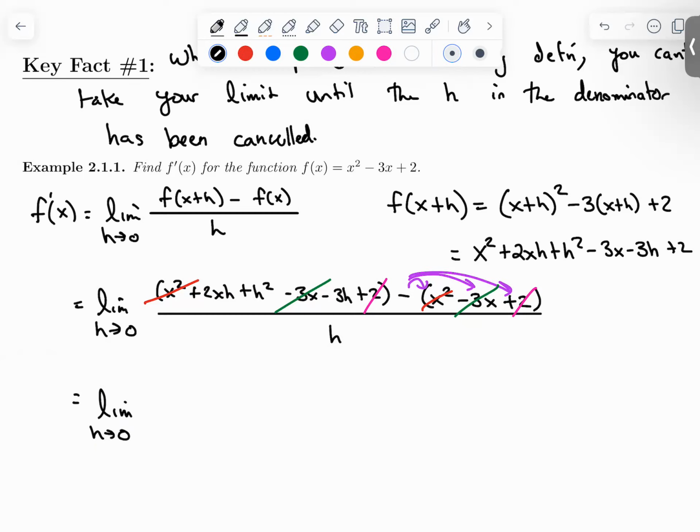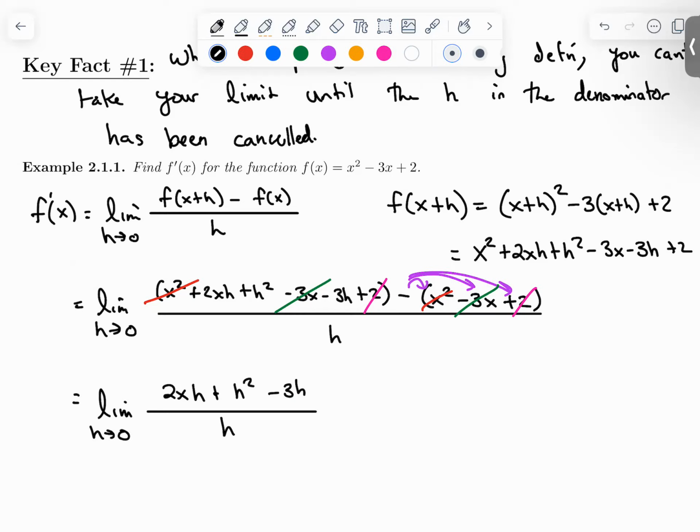So you get 2xh plus h squared minus 3h all over h. Any questions so far? Okay.